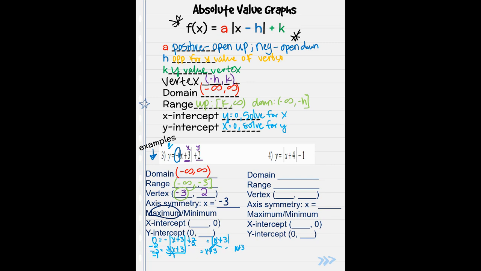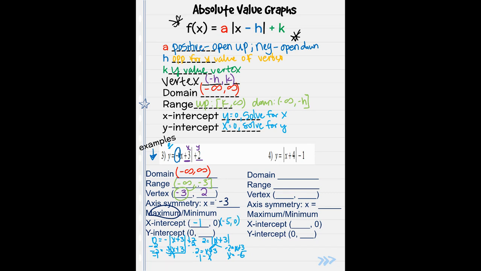I am tired. Okay, so over here, x equals negative 1, and x equals negative 5. Like I said, we have 2 x-intercepts. So negative 1, 0 and negative 5, 0.